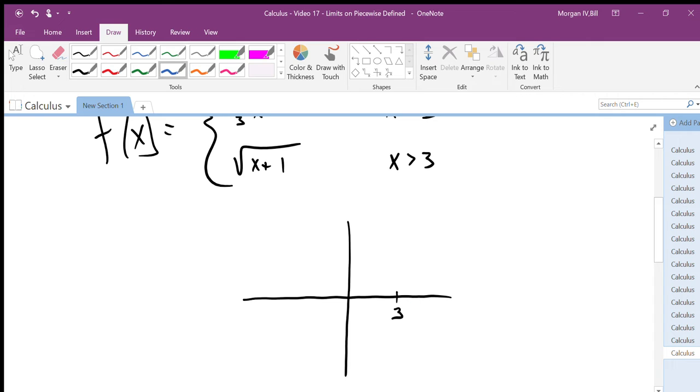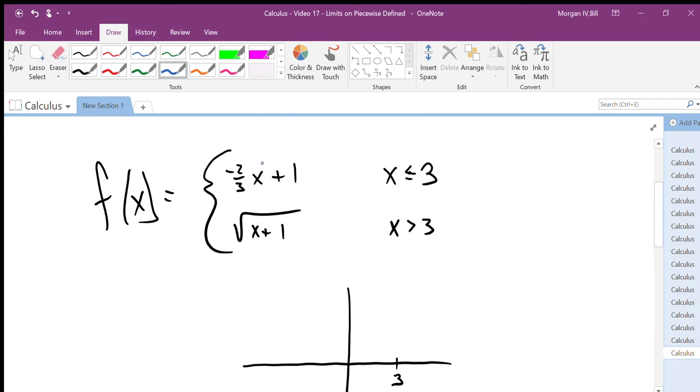One of the best ways to start this is to find out what the endpoint would be. So what happens at 3? If I were to plug 3 into the x value here, negative 2/3 times 3 plus 1, that's negative 2 plus 1, which is negative 1. So at 3, I get the point (3, negative 1).